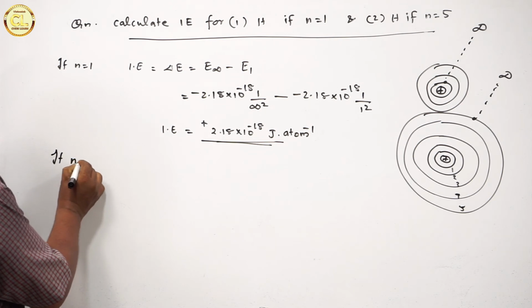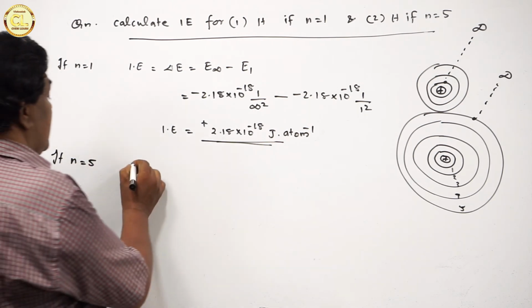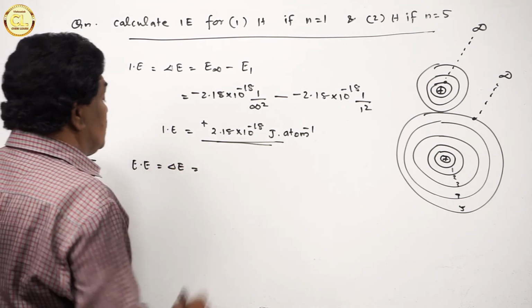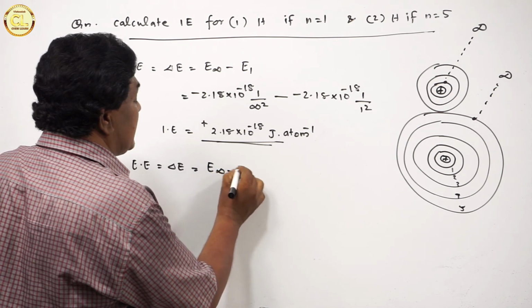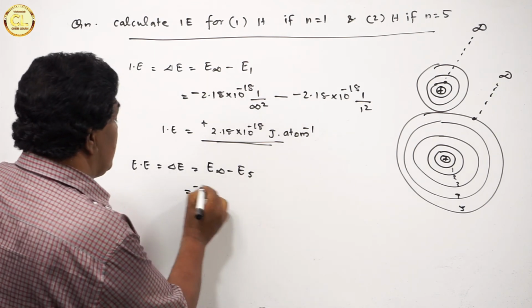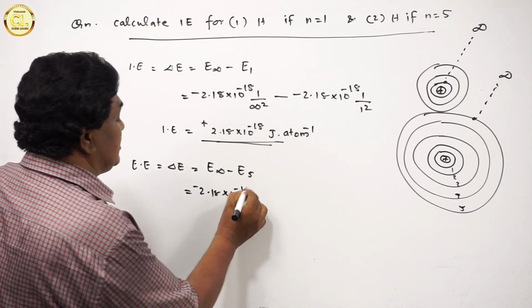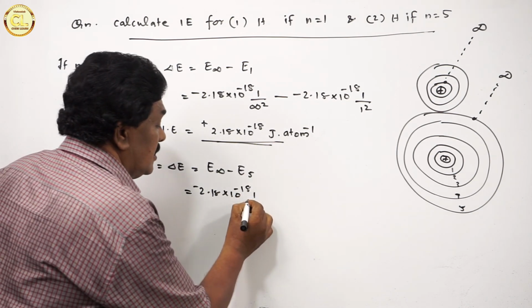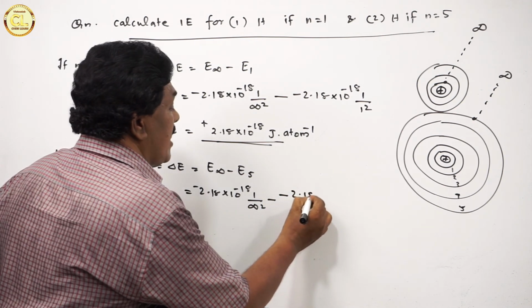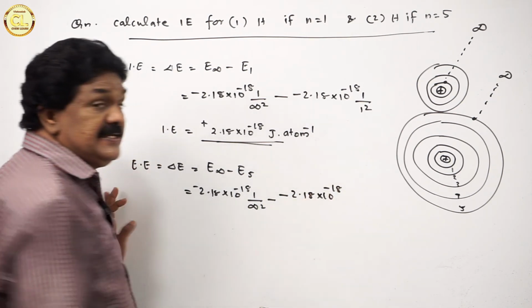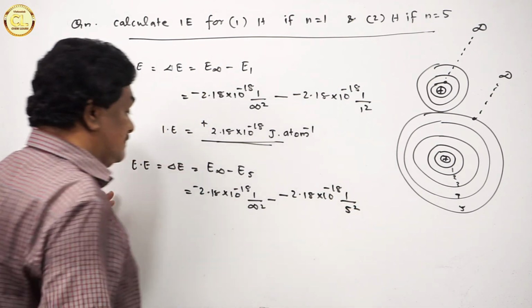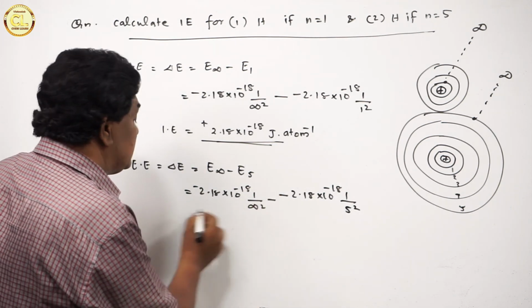If the electron is present initially in the fifth state, then ionization enthalpy is delta E is equal to E infinity minus E5. That is minus 2.18 into 10 raised to minus 18 into 1 by infinity square, minus 2.18 into 10 raised to minus 18 into 1 by 5 square. This term becomes 0, minus of minus becomes plus.